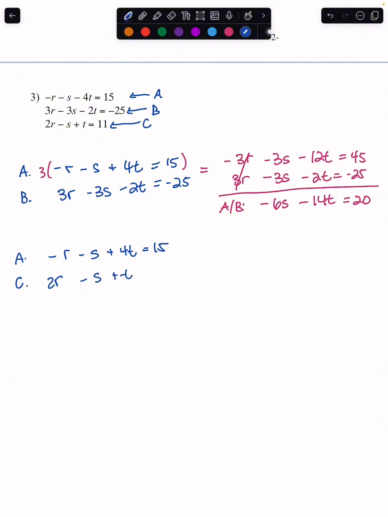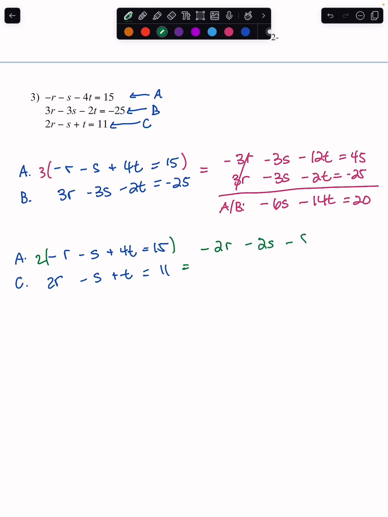Again, I'm trying to cancel out the r, so I'm going to multiply that top line by a 2. That becomes negative 2r minus 2s minus 8t equals 30.